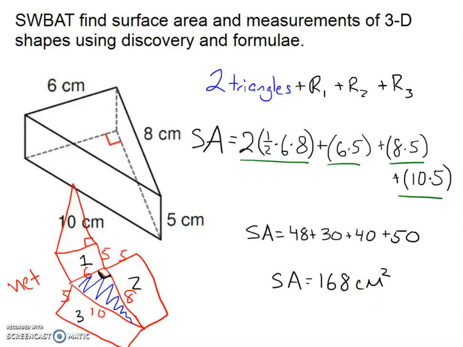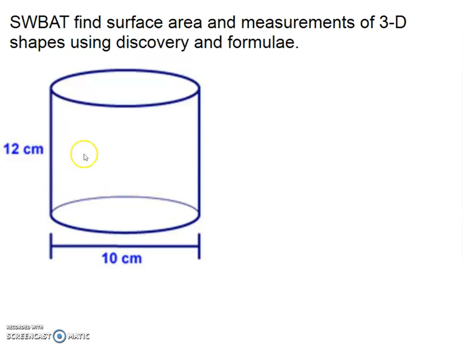We're now going to go on to the second example, which is a cylinder. Cylinders, we're going to start with the net again. Cylinders are maybe not what you would expect. Obviously, the top and the bottom are circles. So this circle right here, I'm going to start by drawing right there. And you'll see that other circle in a second.